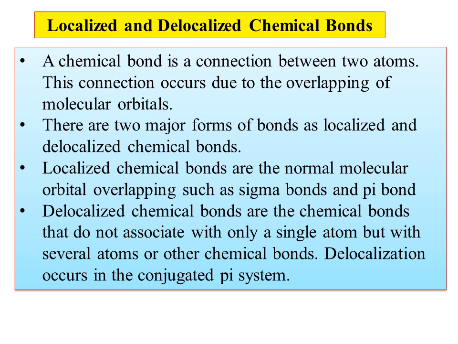They are called localized because they overlap with each other between the two local atoms. Delocalized chemical bonds are not associated with only one single atom, but with several atoms and other chemical bonds. Delocalization occurs in case of a conjugated pi system.